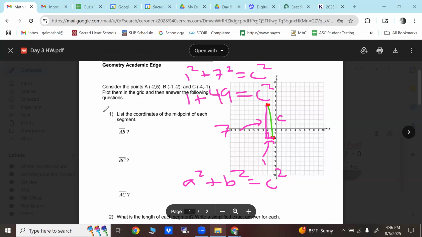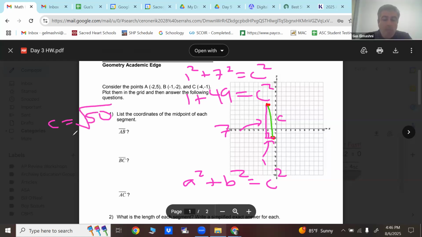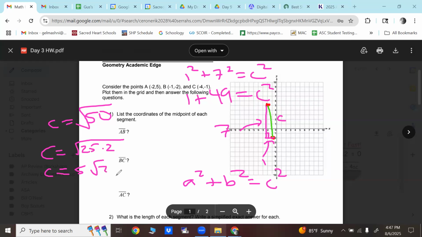So then it's 50 to the power of 1/2, the square root of 50, which is 5√2 because it's 25 times 2. Okay then.